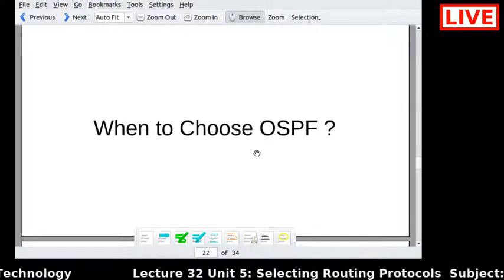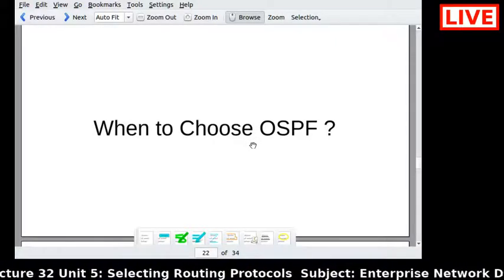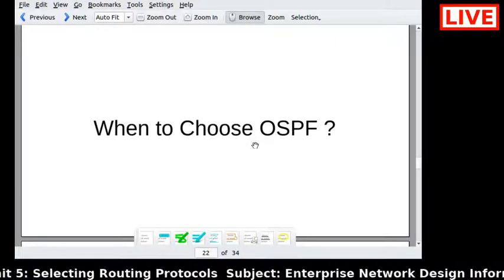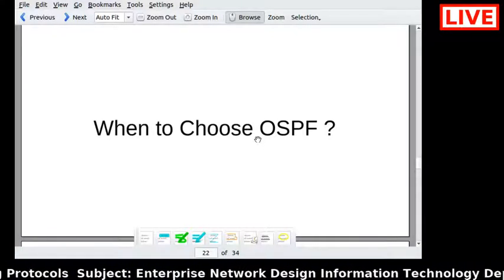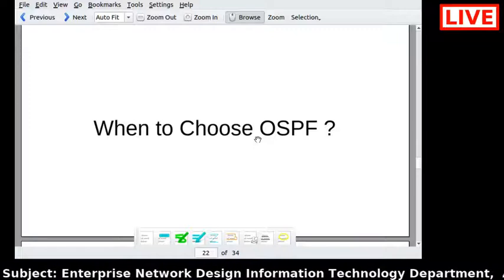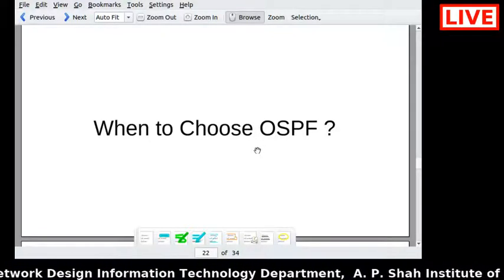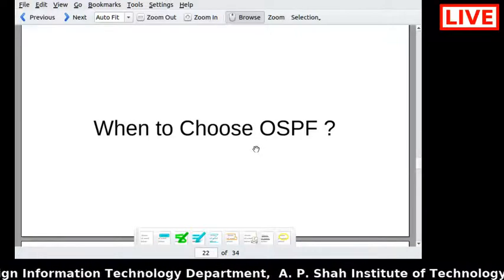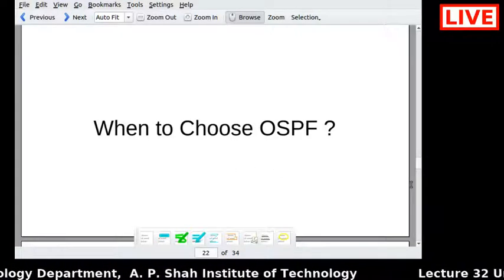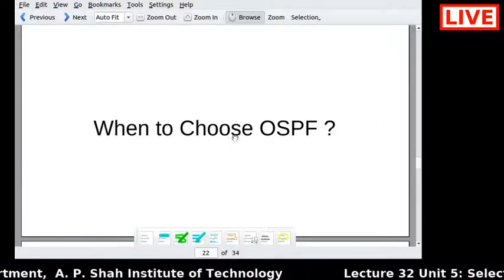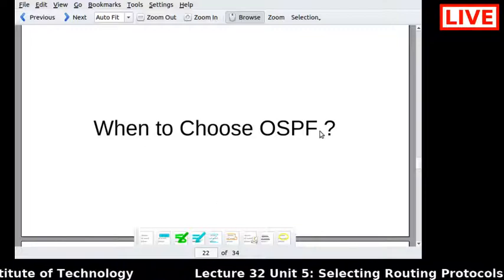So OSPF has these kinds of features, and wherever there is a requirement with respect to areas, or hierarchical network area requirements, in that scenario you can use OSPF. These are some of the features of OSPF.